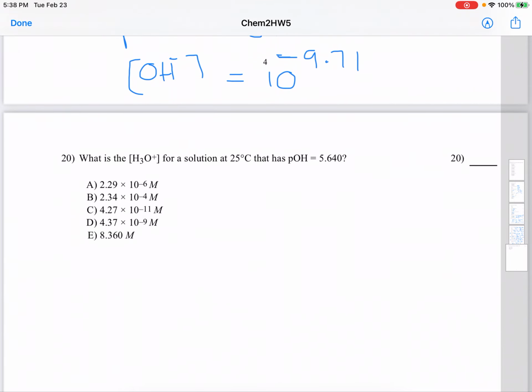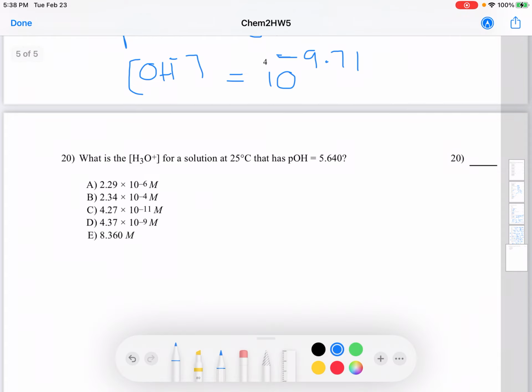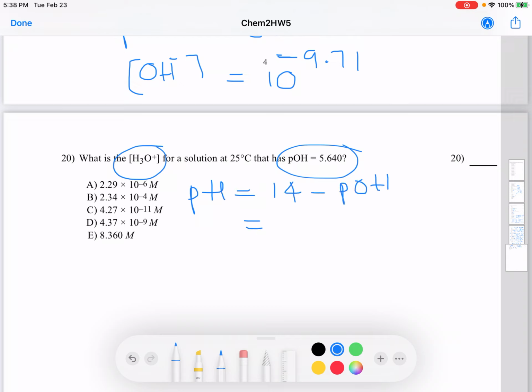And then number 20. What is the hydronium ion concentration for a solution at 25 degrees Celsius that has pOH 5.640? So we were given pOH, we want to find out hydronium ion. So again, from here we can find out the pH, which is going to be 14 minus pOH. 14 minus 5.64 is 8.36.